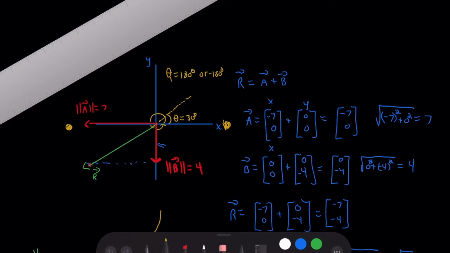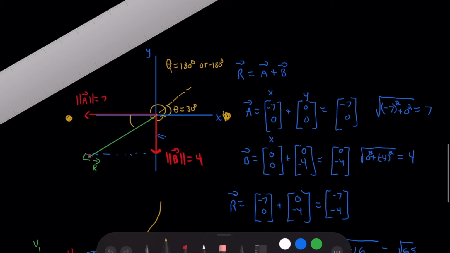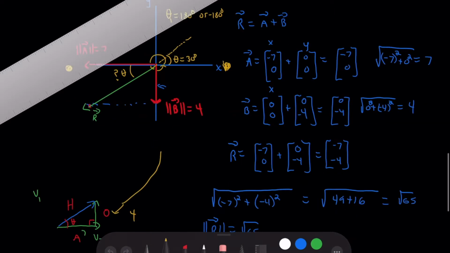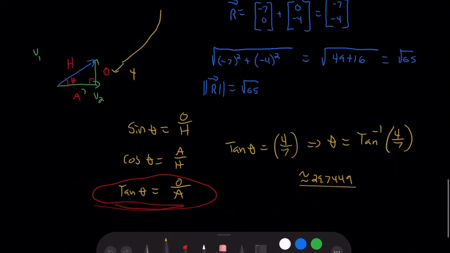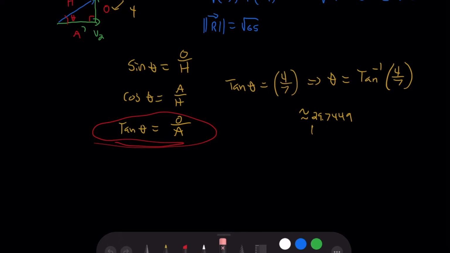So what we need to do is add 180 degrees to get the accurate angle here. If we add 180 to that, we're going to stick with this more accurate number, this closer approximation. And what we end up with is approximately 209.745 degrees.